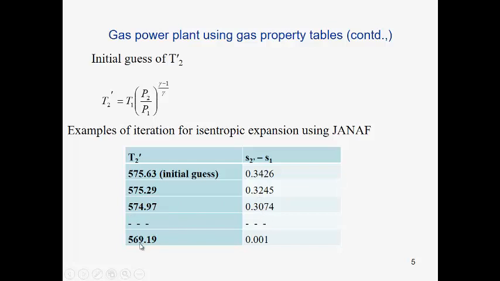Finally, at 569.19 Kelvin, the delta S is very close to 0 as per our consistency definition 0.01. This is the temperature obtained at the end of isentropic compression using gas property tables. Basic thermodynamics, that's fundamental thermodynamics, results in 575.63. In the refined methodology, the temperature is 569.19 Kelvin only.